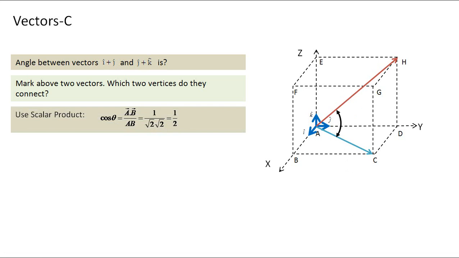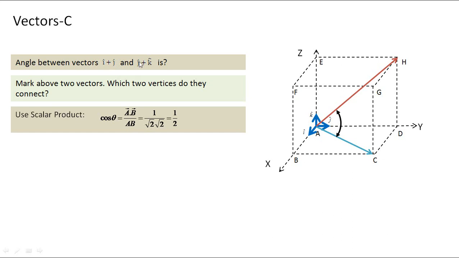So now, since once we express both the vectors in component form, I can simply apply the formula of scalar product. Cos of angle between two vectors is equal to dot product of two vectors divided by magnitudes product. So this is a formula. We simply substitute the values.